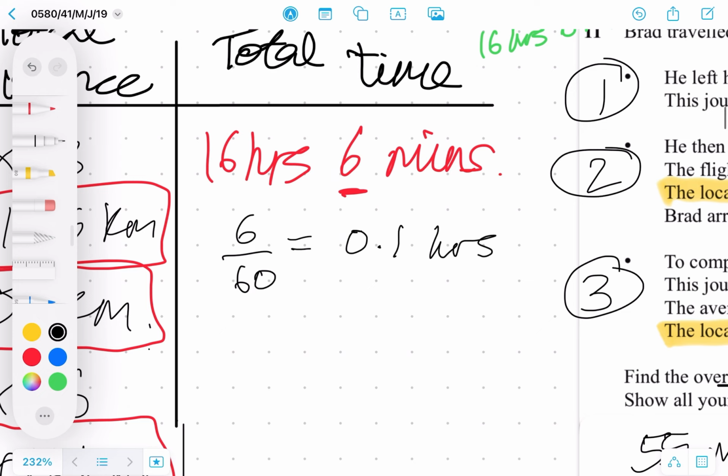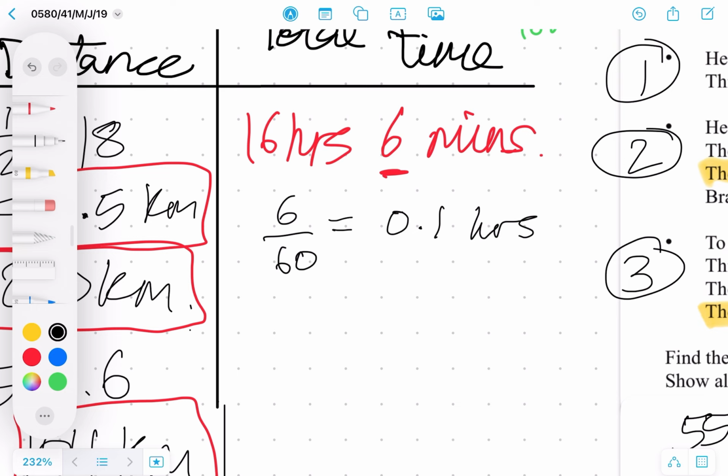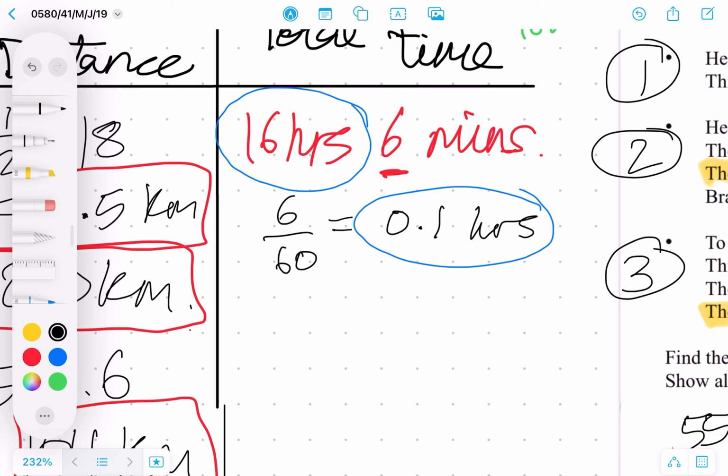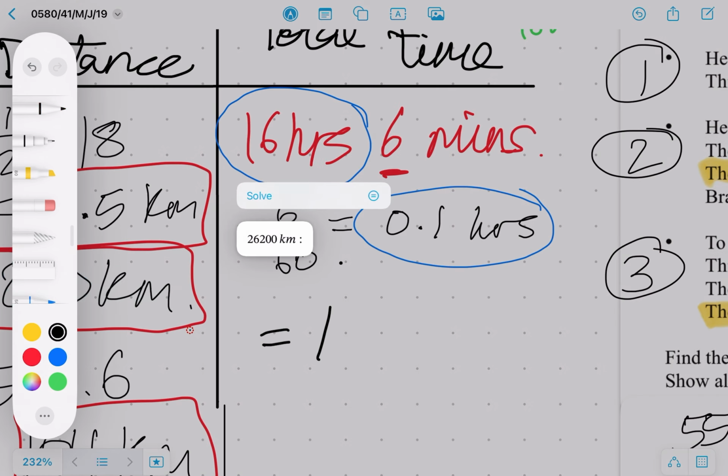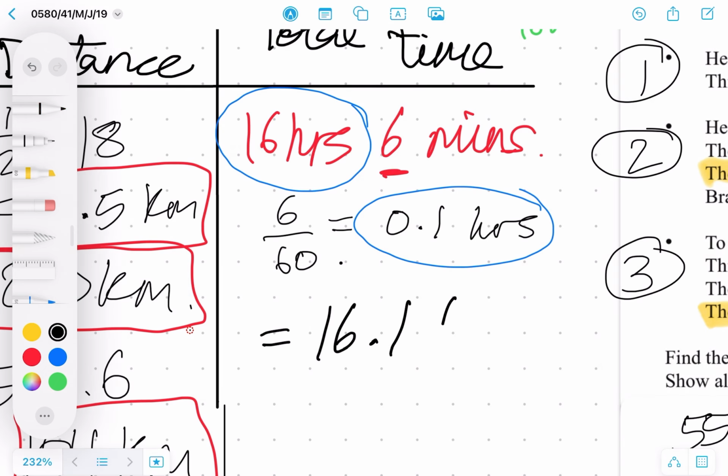So 6 minutes is 0.1 hours. So we take the 16 hours originally, plus 0.1. Therefore, in total, it took 16.1 hours.